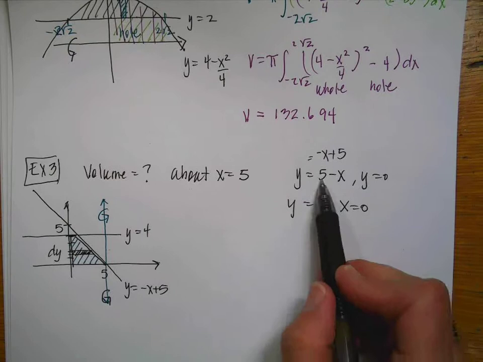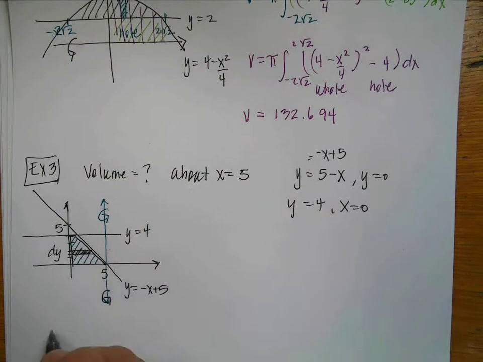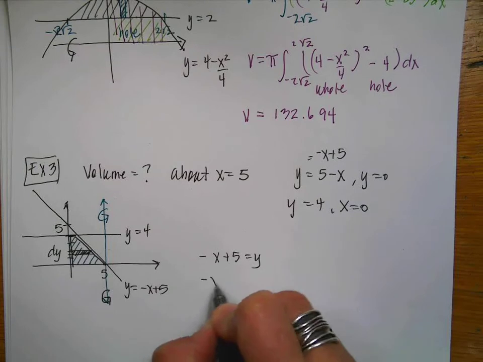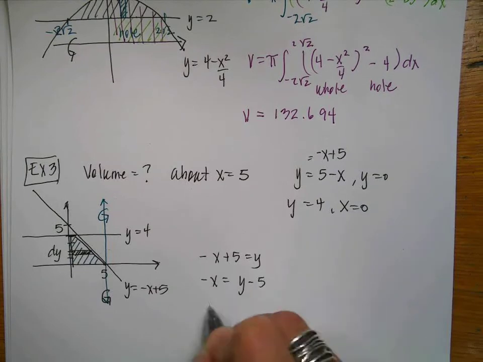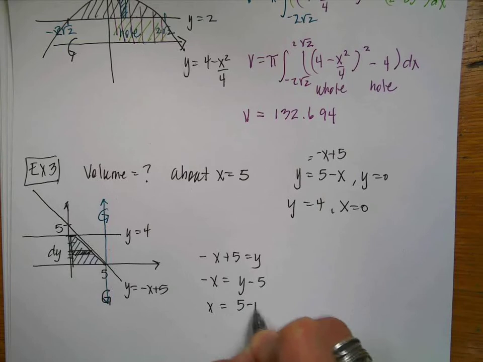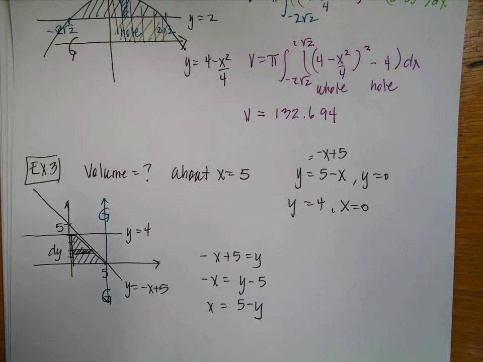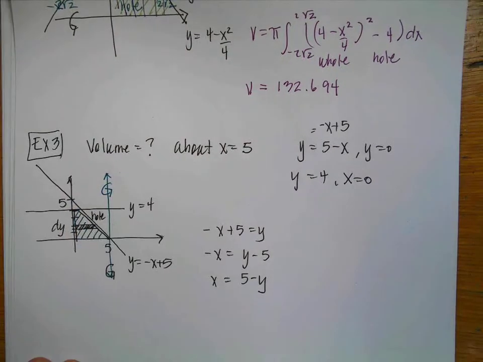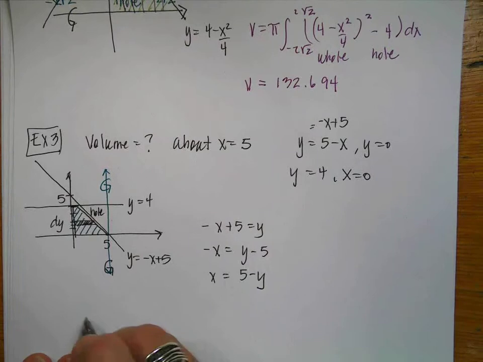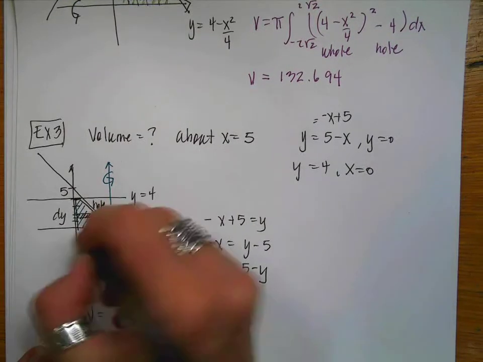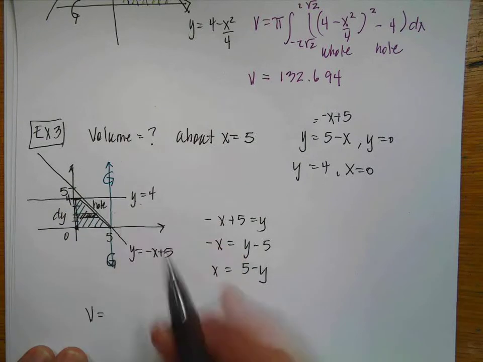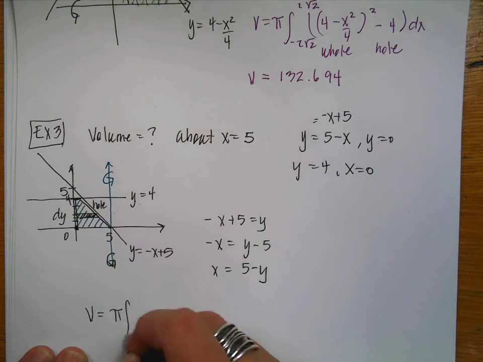Because I have a dy, I know I'm going to have to solve this equation for x. So I'm going to get negative x plus 5 equals y, negative x equals y minus 5, x is equal to 5 minus y. In this one, I have a hole right here. When I set up my volume equation, I'm integrating from 0 to 4, because that's y is equal to 4.